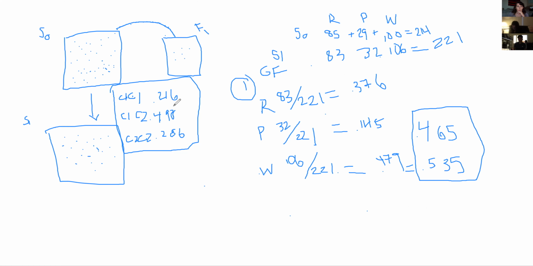We expected 0.216 and we got 0.376. Are they within 0.05 of each other? Chat? No. So they look pretty different from each other, so it looks like something else is going on here.